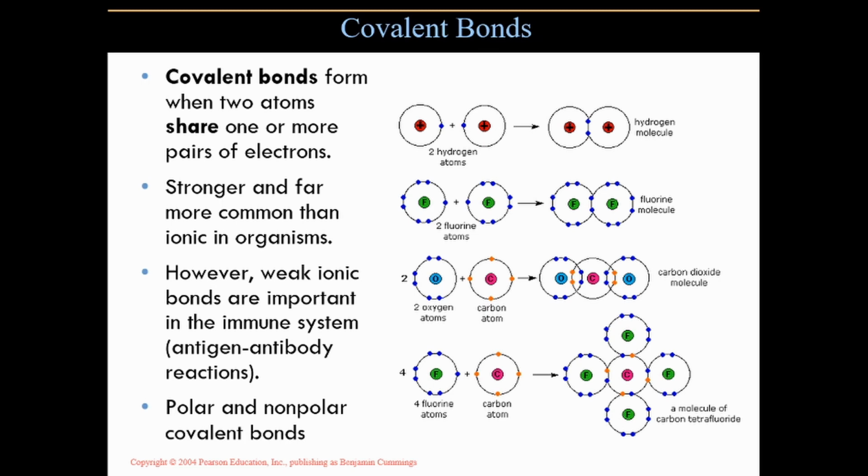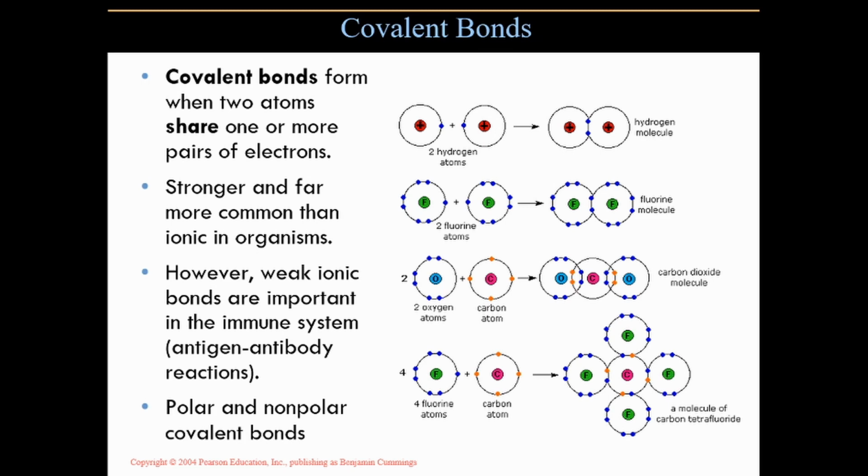These covalent bonds are stronger and far more common than ionic bonds in organisms. There is one major exception, within the immune system in the antigen-antibody reactions, where weak ionic bonds play a role. I'll talk more about that when we get to specific immunity and looking at antibodies and antigens and how they bind.